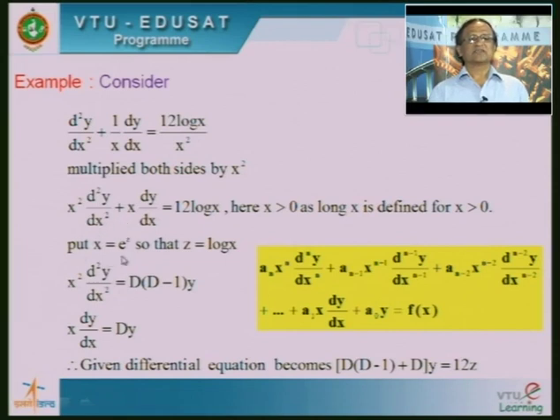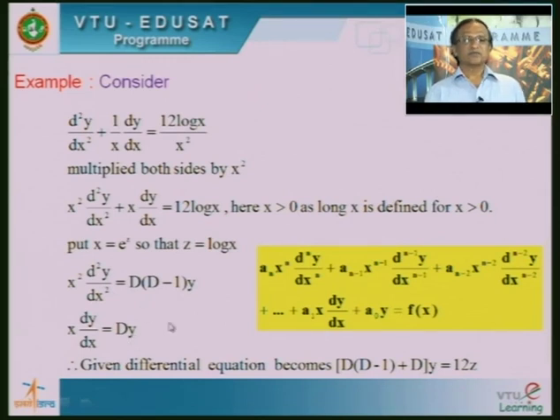Put x is equal to e to the power z, so that z is equal to log x. Then by using this substitution, I can find the value of the first term: x square into d square y upon dx square is equal to D into (D minus 1) into y. Similarly, the value of the second term x into dy by dx is equal to D into y.